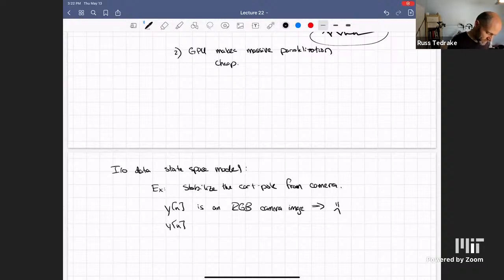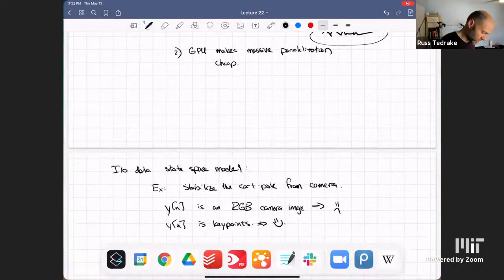But if y of n is, for instance, key points, then the linearization can work very well.